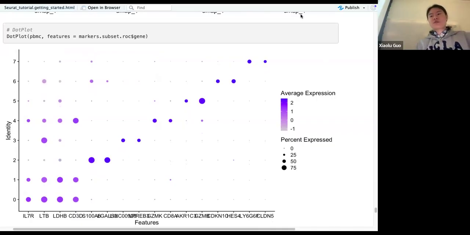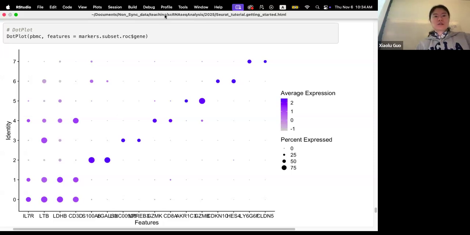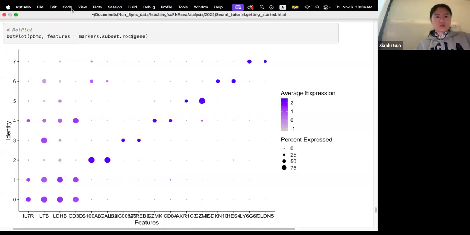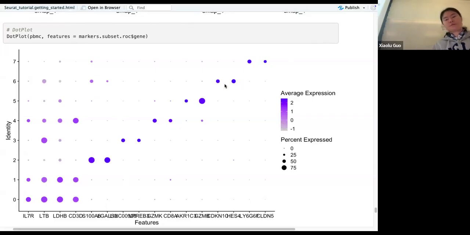If these are really good markers, what pattern would we see? Any thoughts? Diagonal. Yeah.